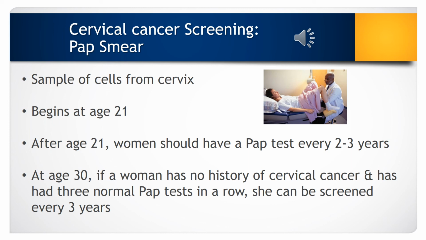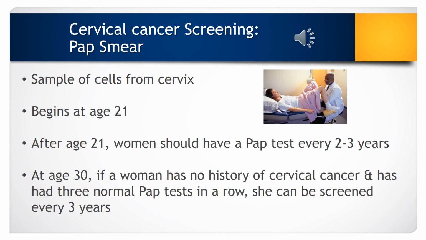So if a young woman, 18, or someone under age 21 is sexually active, she should be screened for sexually transmitted infections. But a Pap smear is specifically looking at abnormalities, HPV on the cervix.